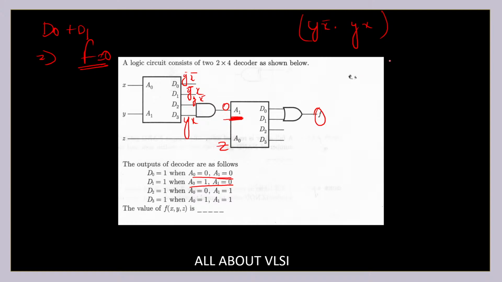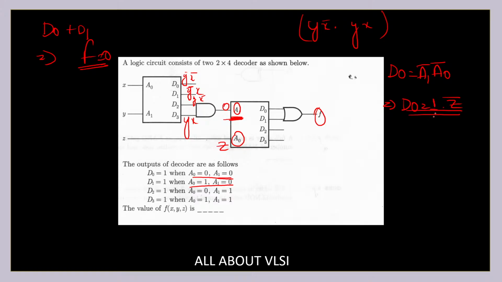Yeah, 1 second. So D0 we can write as a1 complement into a0 complement, which is nothing but a1 equal to 0, right? So 1 into z complement.